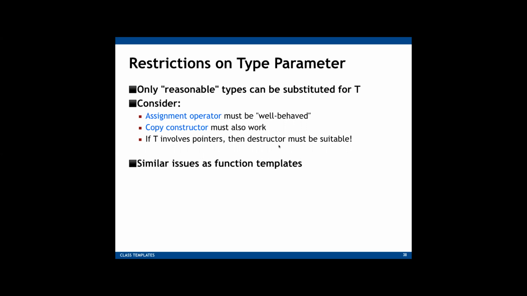So this is the same issue as function templates. Whether it is function templates or class templates, not all types are applicable. Which types are applicable depends on your functions and classes.